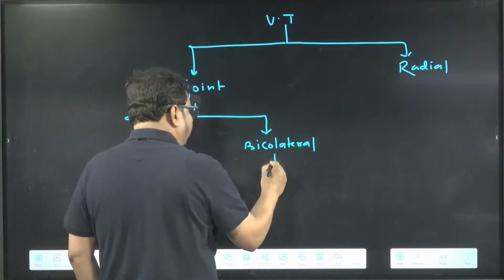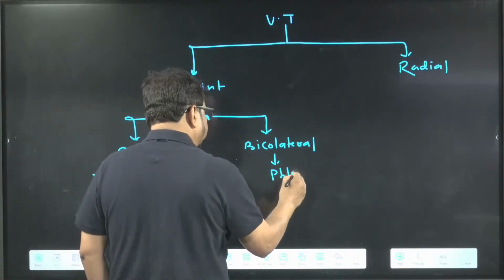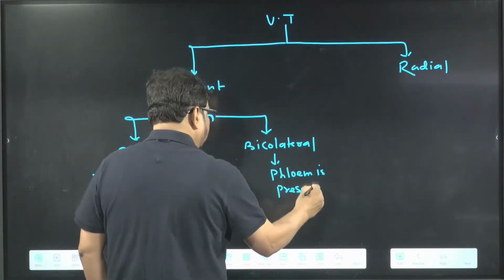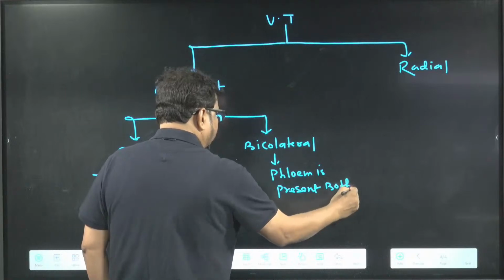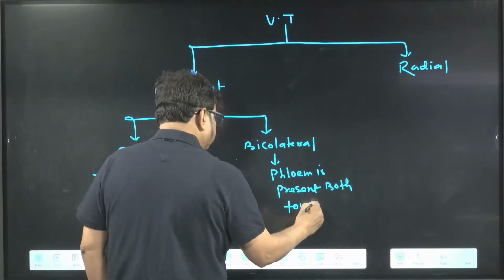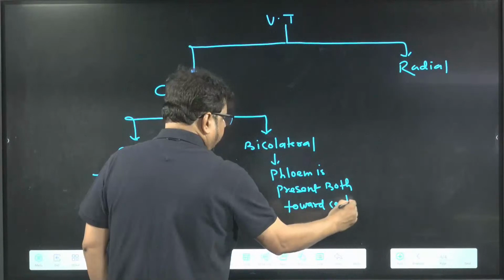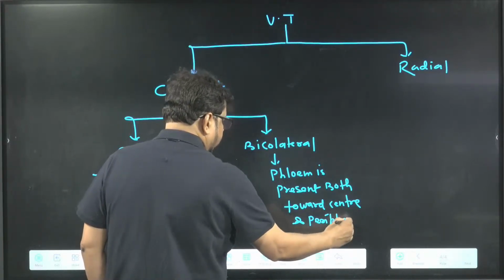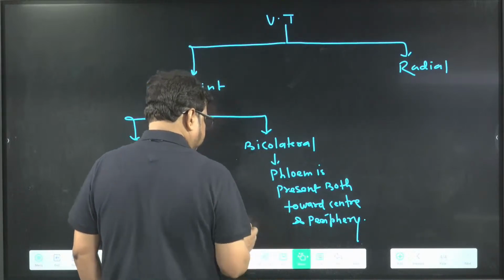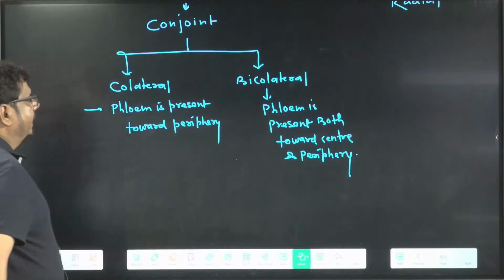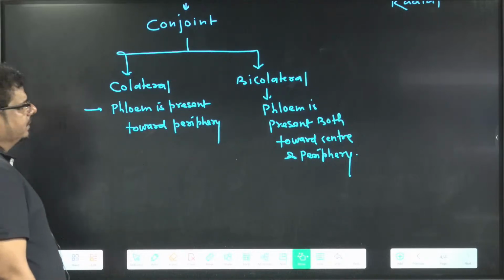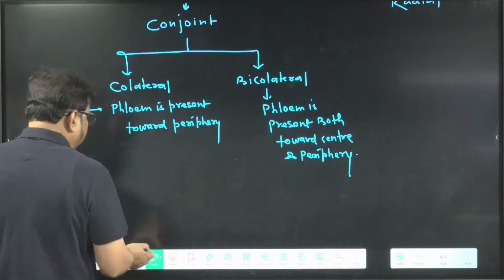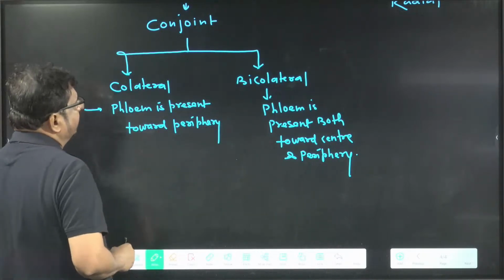And in bicollateral, phloem is present both toward the center and periphery. Bicollateral is what basically? Phloem is present both toward center and periphery. It is called bicollateral. And collateral what? Phloem is present toward periphery.